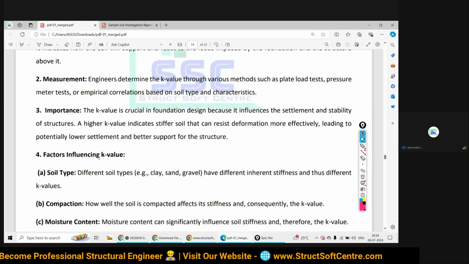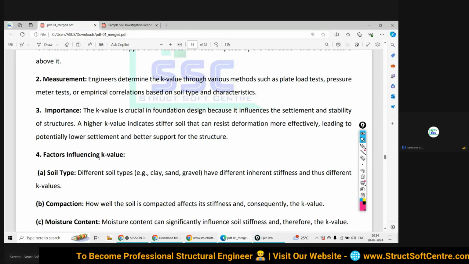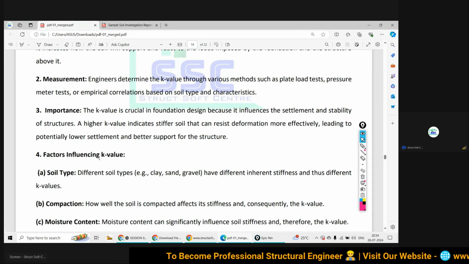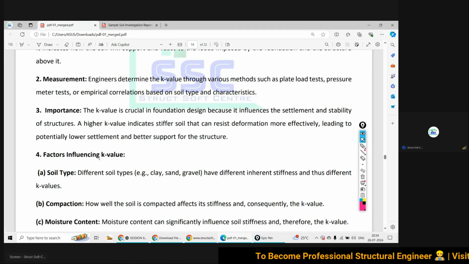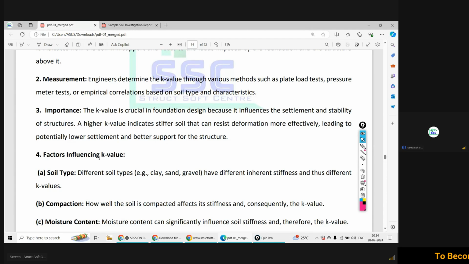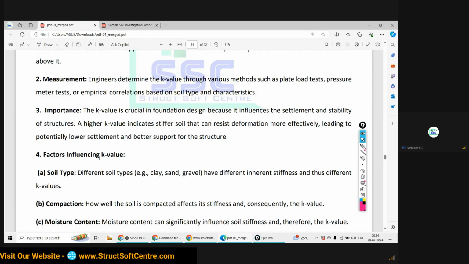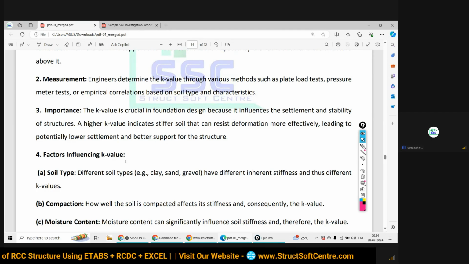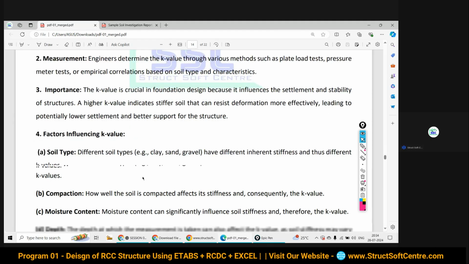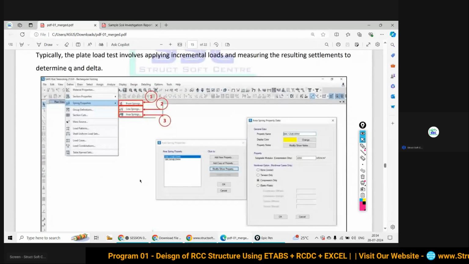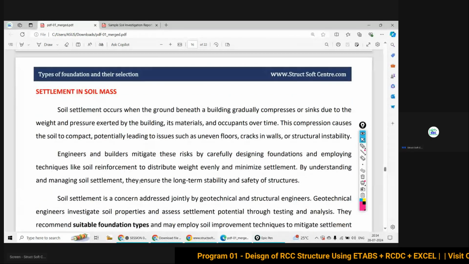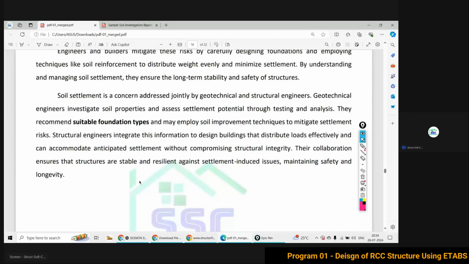If you are in connection with the architect, you submit the report to the architect, or if you are directly connected with the structural engineer, you submit it to the structural engineer. It depends on from whom you are getting the task or job. Ultimately that report is going to be used by your structural engineer to do the design.